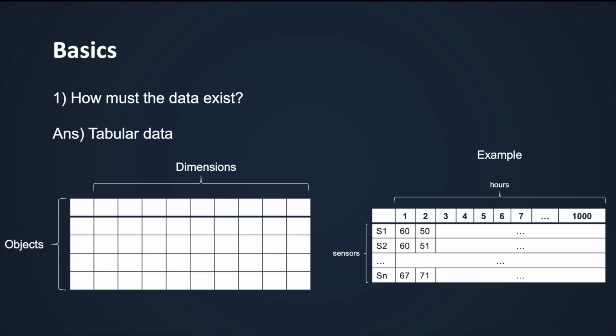To execute a clustering algorithm, one has to keep in mind that the data needs to be in a tabular format with rows and columns. Each row represents an object and each column represents a dimension.